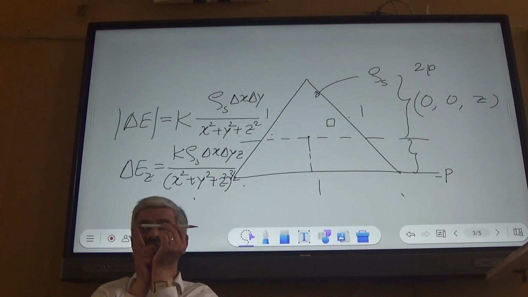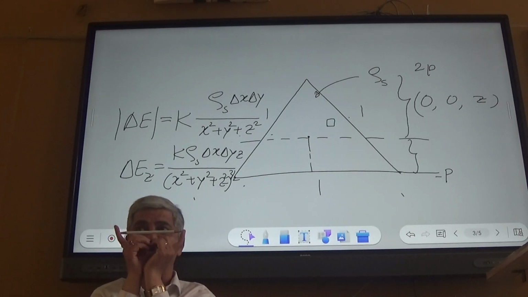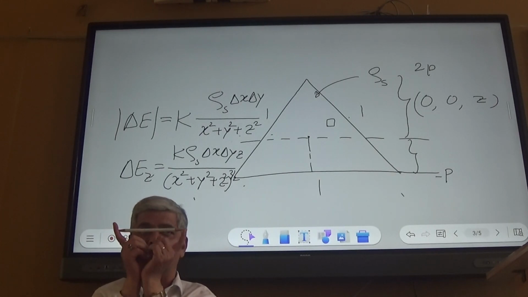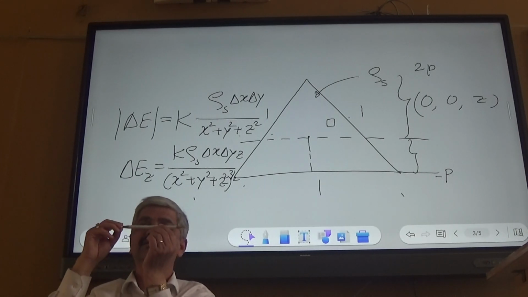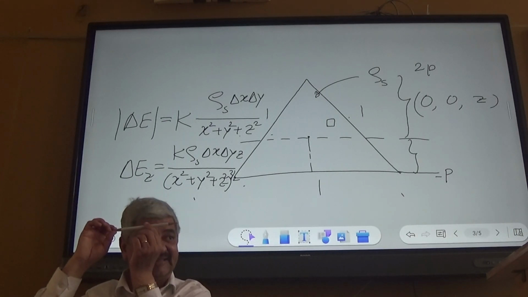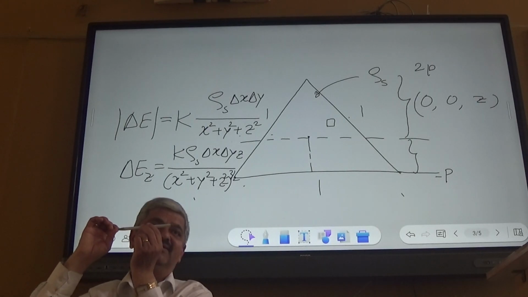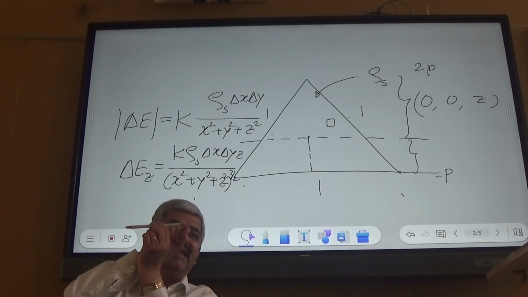the delta Ez because of the infinitesimal width strip at y equal to minus p.